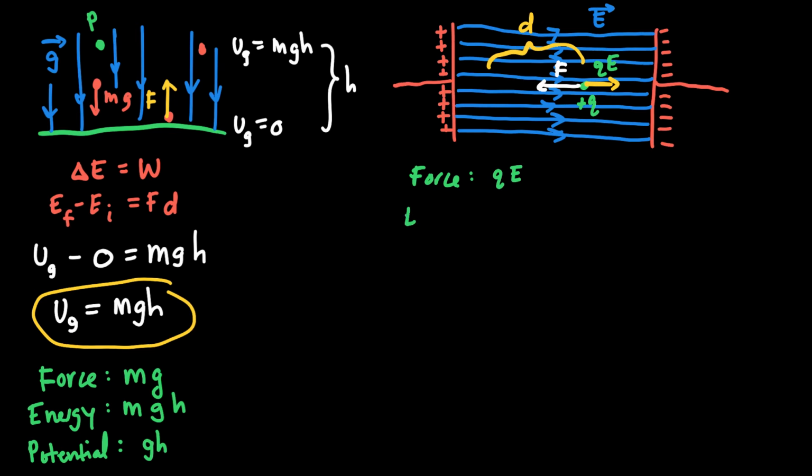If I do that, then the energy that charge would have due to me doing work and moving it in the direction opposite the electric field would be the force I exert, which is Q times E, over that distance d. And so we haven't said this explicitly yet, but in doing this, I've given that charge some electric potential energy.